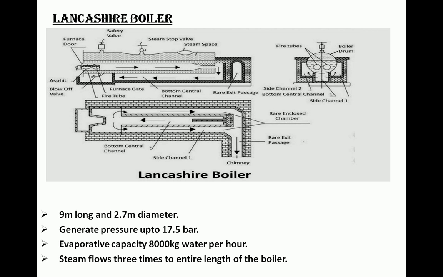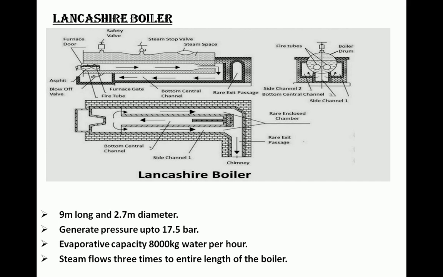Flue gases travel from front end to rear end of the boiler and then from rear end to front end through the bottom flue, then again towards the rear end through the side flue and are exhausted through the chimney. Flue gases travel the entire length of the boiler 3 times. Safety valves. Steam stop valve. Blow-off cock is used for proper production control.